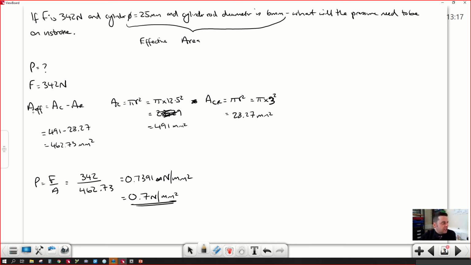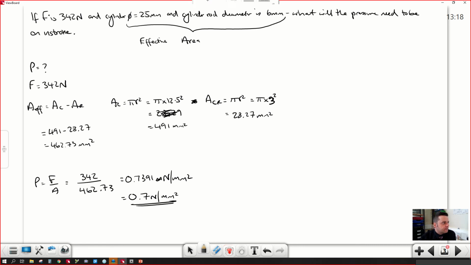In that case, you're working out the area from pressure and force, and that's the effective area. You can work out the cylinder rod area, then rearrange that equation to give the area of the cylinder, the big area. Then you'd need to convert that area into the diameter. I'll show you how to do that, but that's pretty much beyond the scope of National 5 at this point.